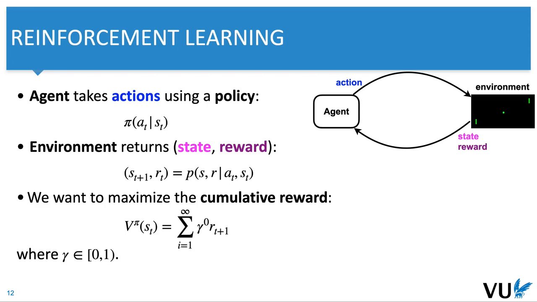So in this reinforcement learning, of course, the agent takes some actions using some kind of policy. We denote it by pi. It could be a deterministic policy, or it could be a probabilistic, stochastic policy. So every time, there is some small chance of randomness that it will make a different action. The environment returns state and reward.